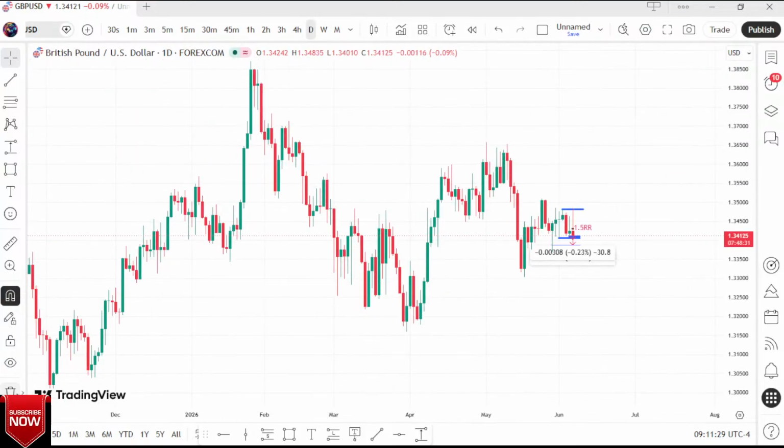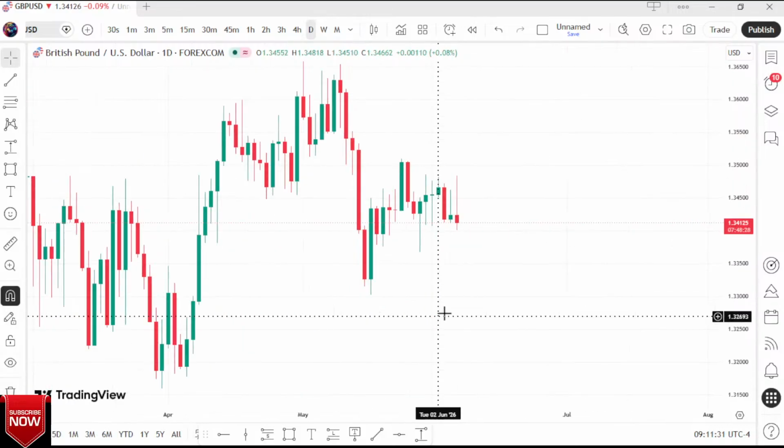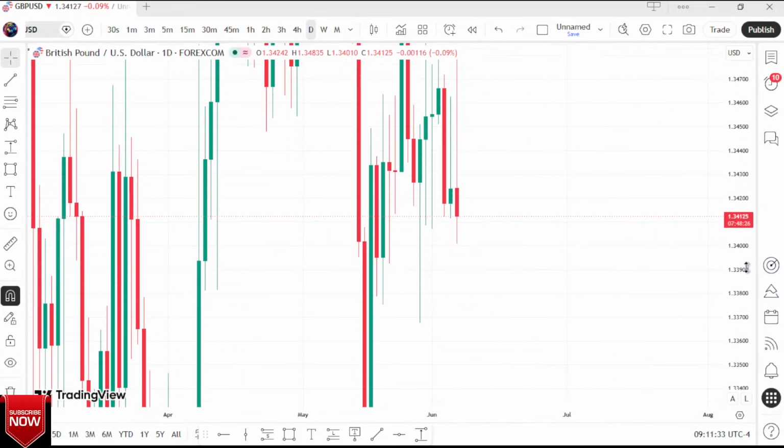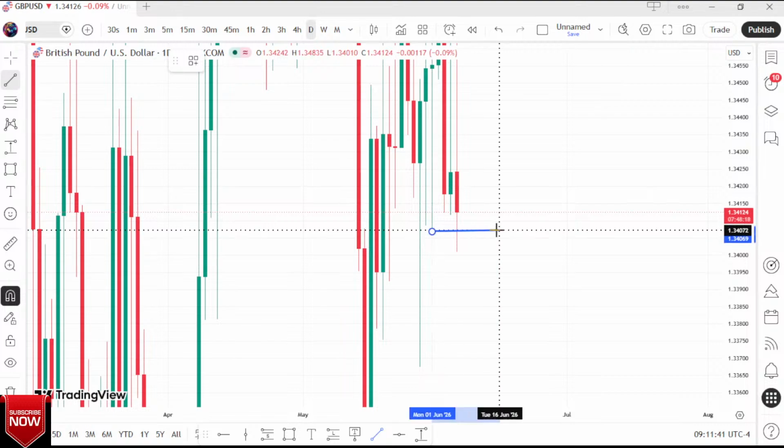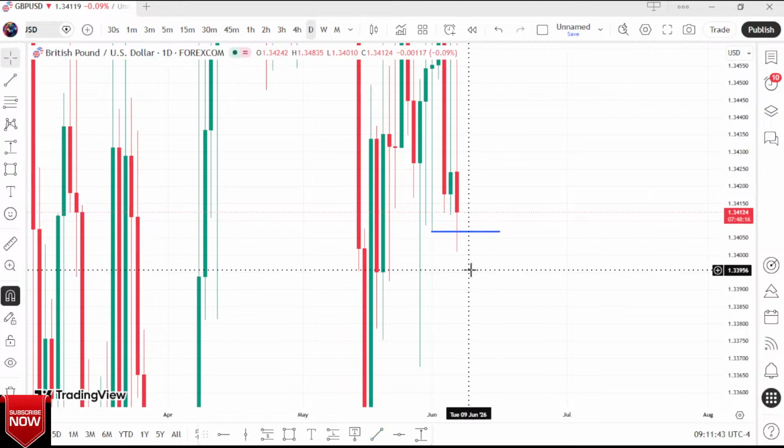Let's see. Yes, it has swept that swing low in the daily. See that? That's actually a swing low in the daily.